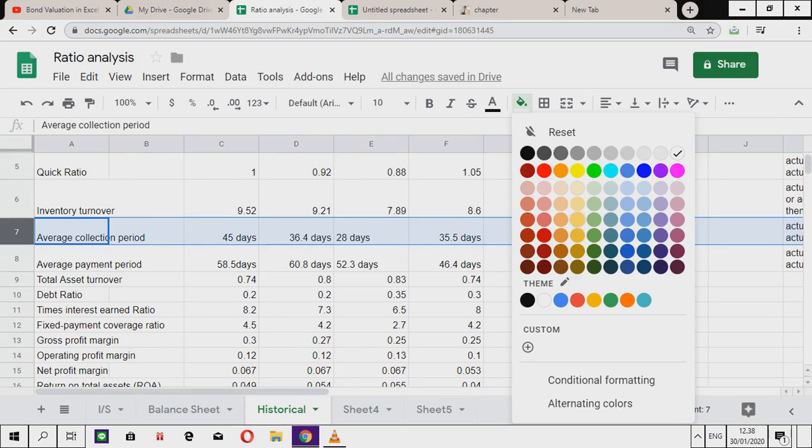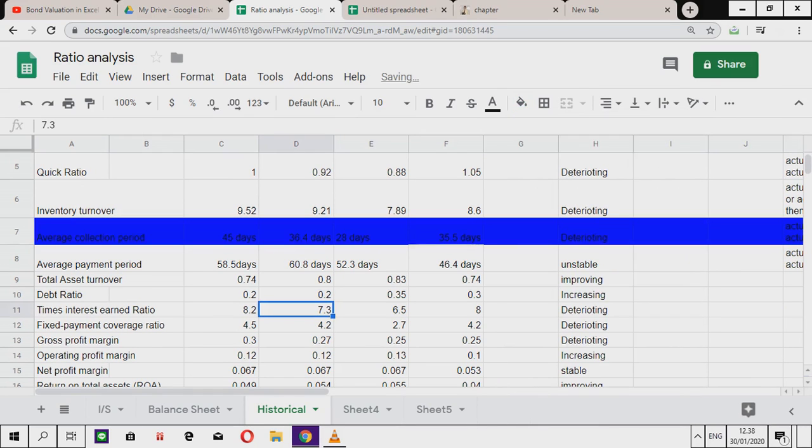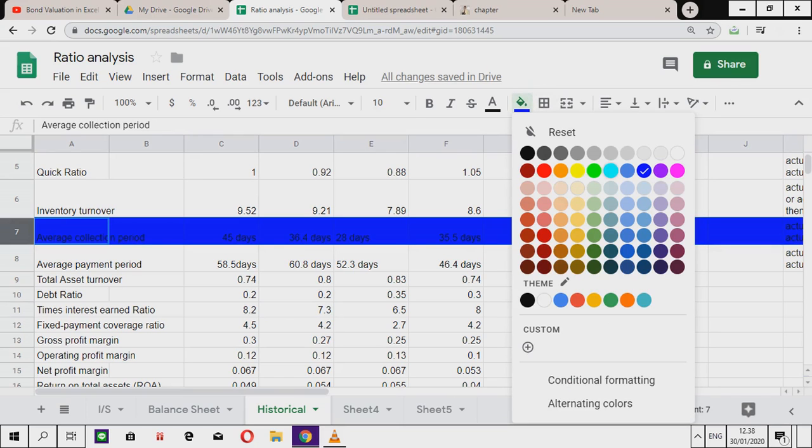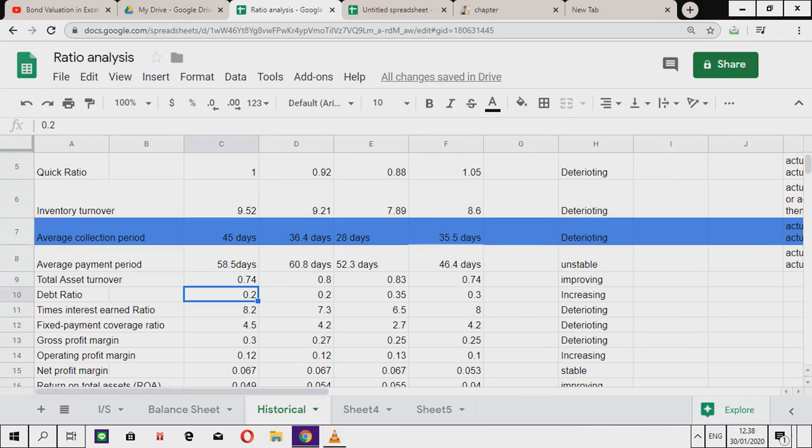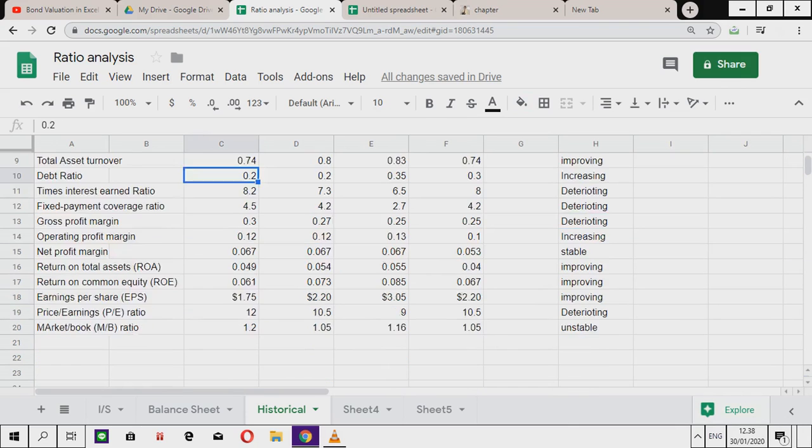Average collection period. Why? It should have been deteriorating, where it shows improving. Why? I'm gonna add the information and then I'm gonna Google.